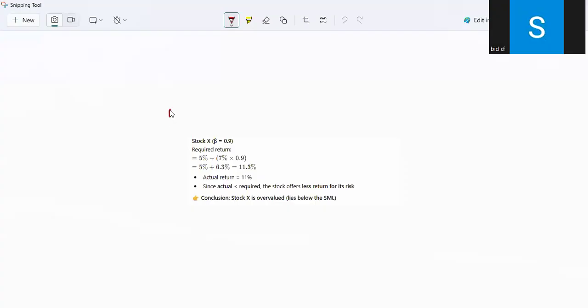So expected return is simply given by what? Risk-free rate plus beta times the expected market return minus the risk-free rate. So here we have 5%, then 12 minus 5%, we get 7%, times the beta. So we're going to get our final answer as 11.3.